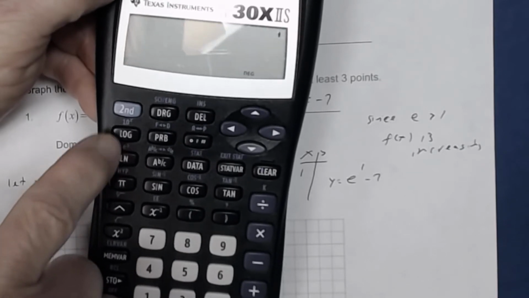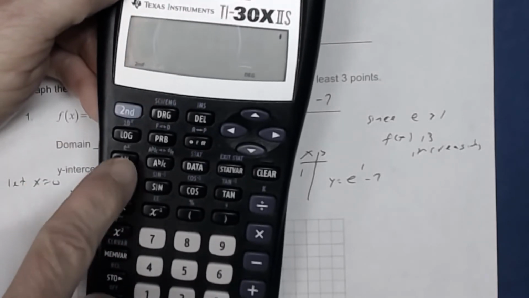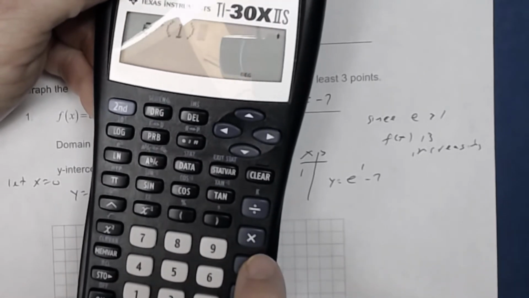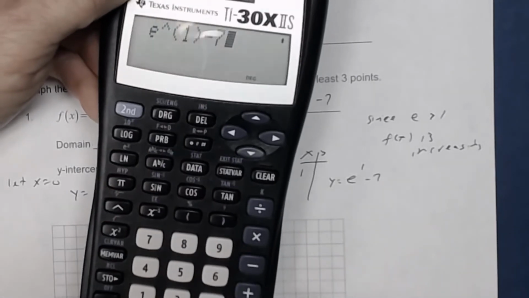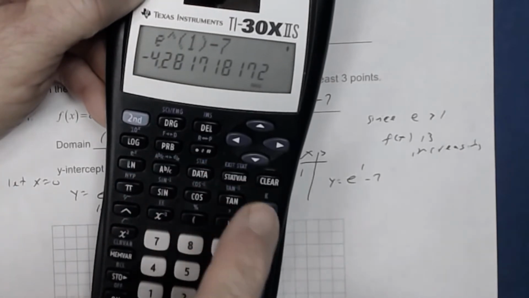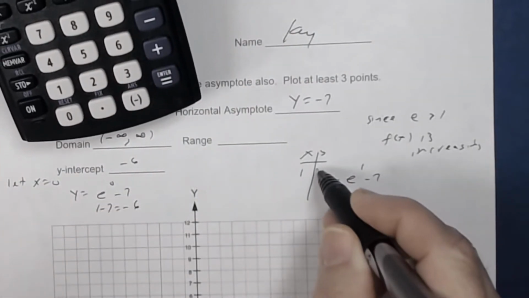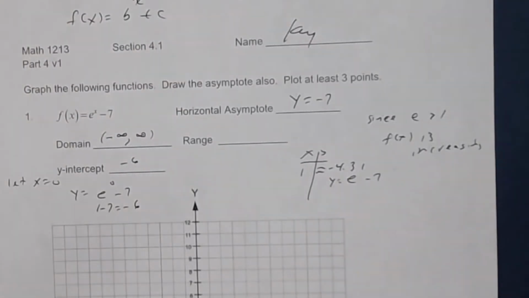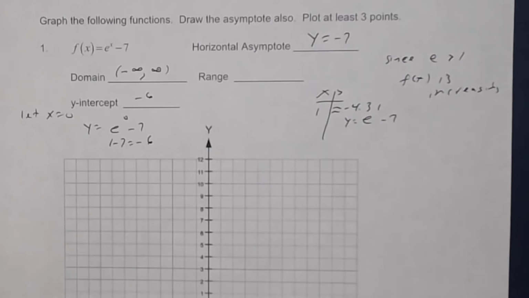You're going to use that same button. So you can press second, e, ln, the first, close the parentheses, and then subtract 7, and you get about negative 4.3. So that's about negative 4.3.